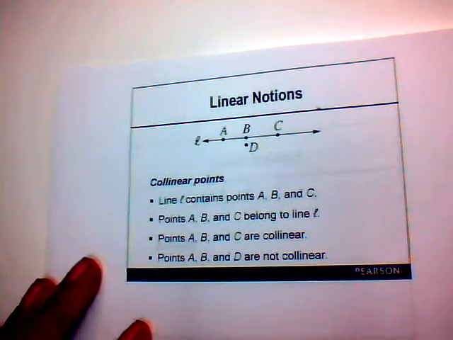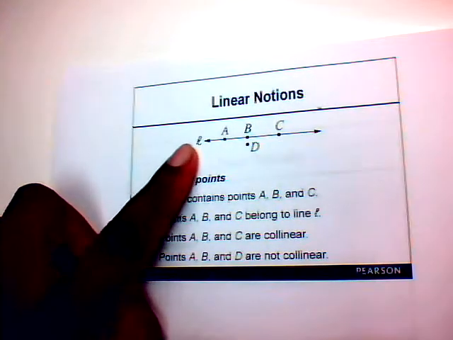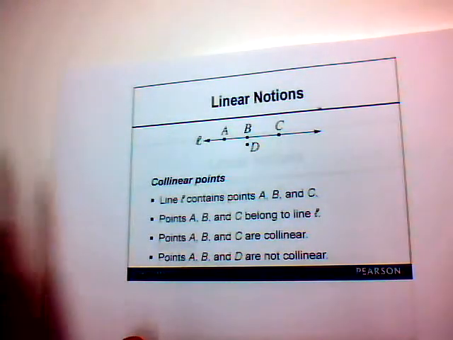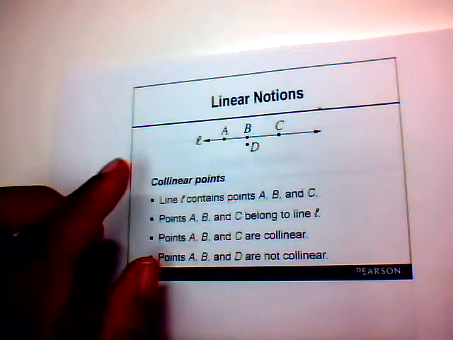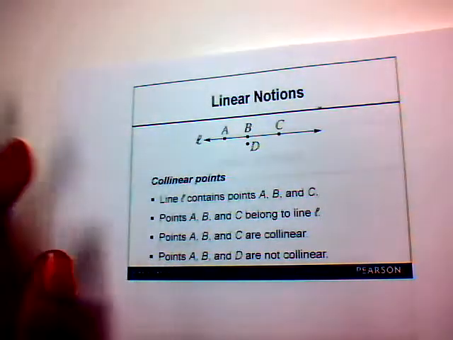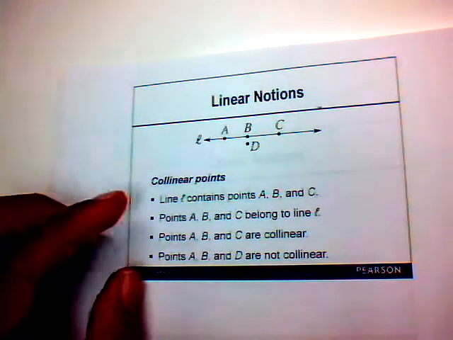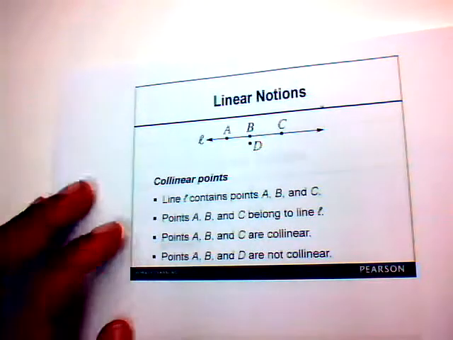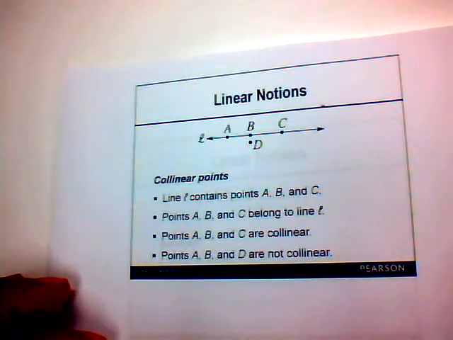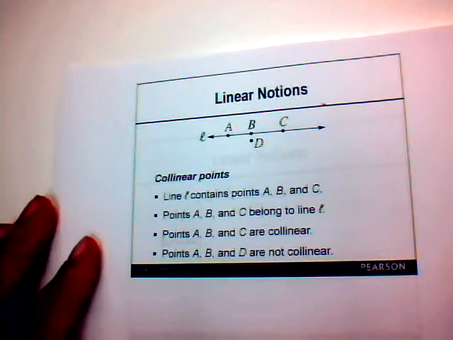Okay, so here's what another line looks like. We can label that with lowercase l in this case and say that that's line L. And then we can label this as line AB because A and B are 2 points that are on that line. Or we can say A and C, line AC, because A and C are 2 points on that line.